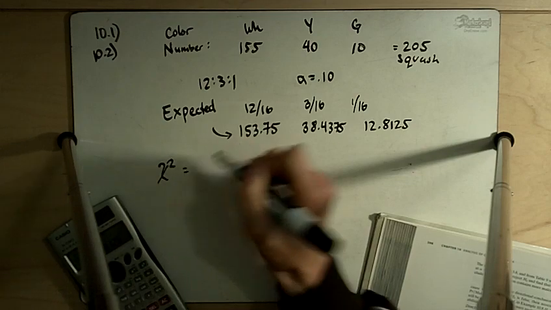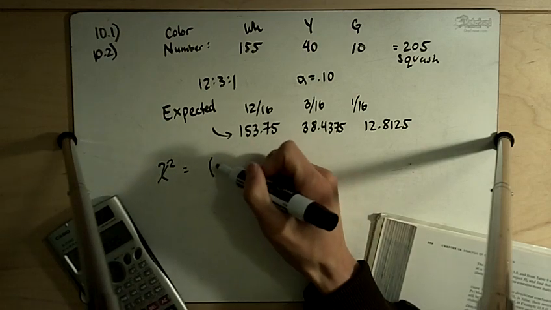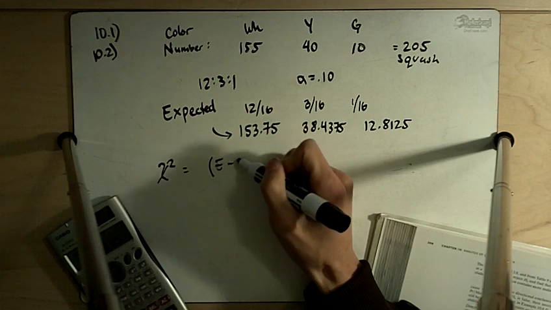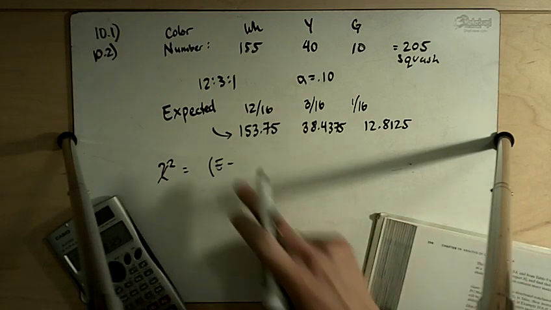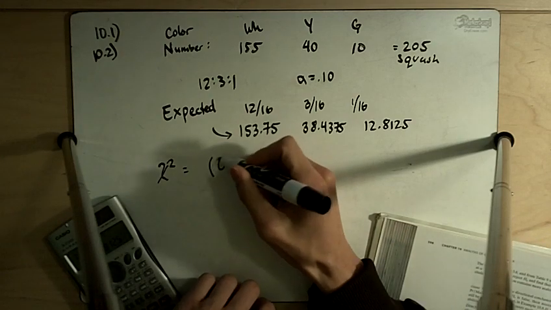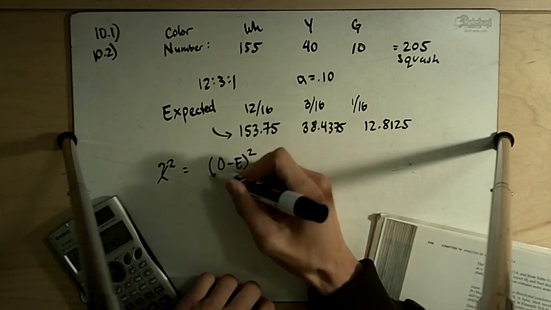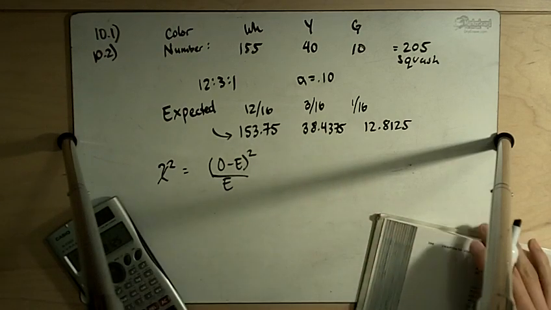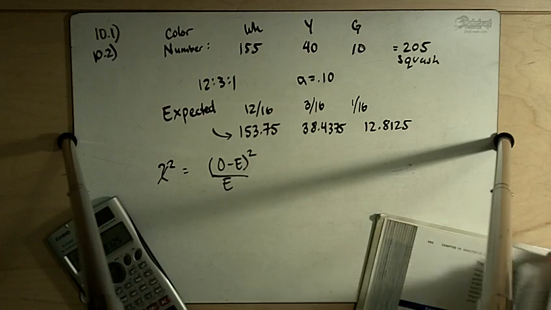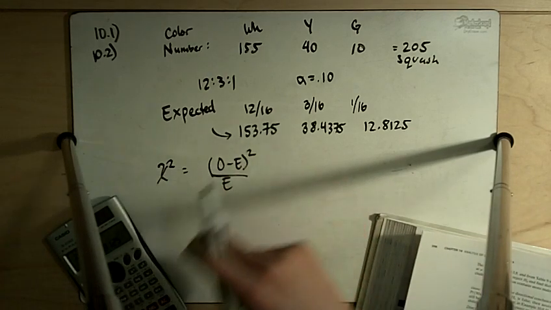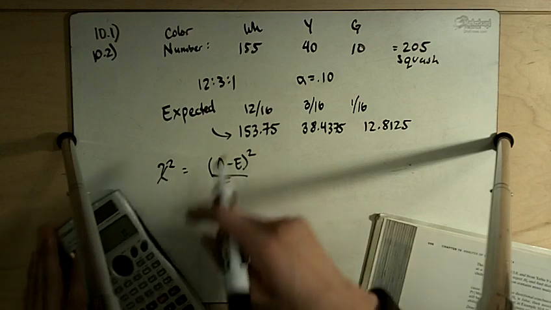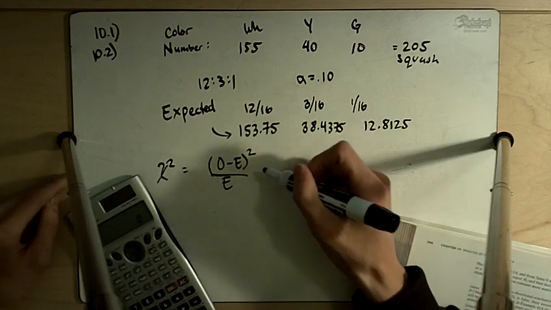Our chi-squared statistic is the observed minus the expected, squared, divided by the expected. If you have expected minus observed, because you're squaring it, everything comes out to be positive anyway.